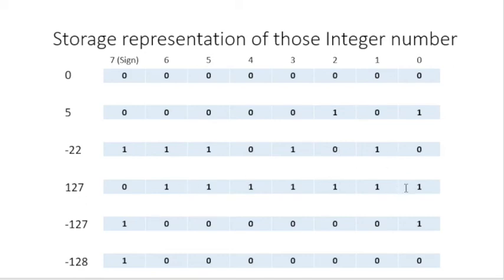Earlier it had minus 0, and minus 0 cannot be represented in the 2's complement method, so we got room for minus 128. This is how it is stored, 1 and all other zeros.